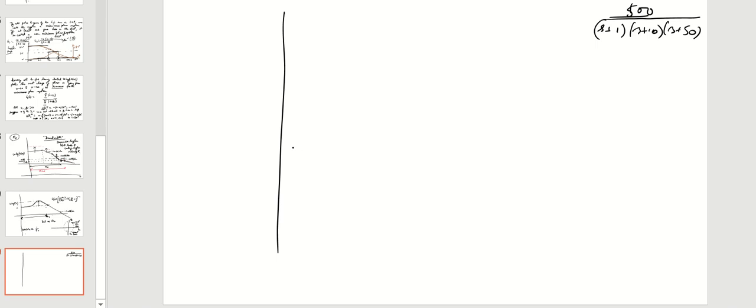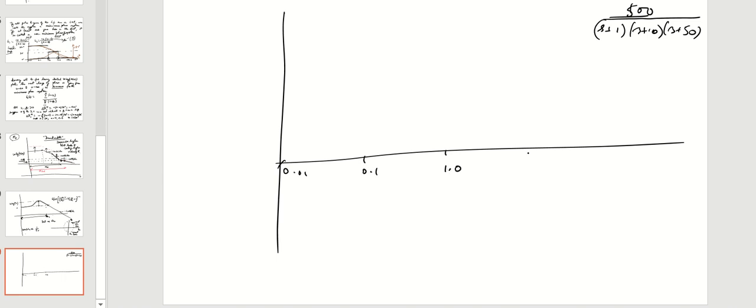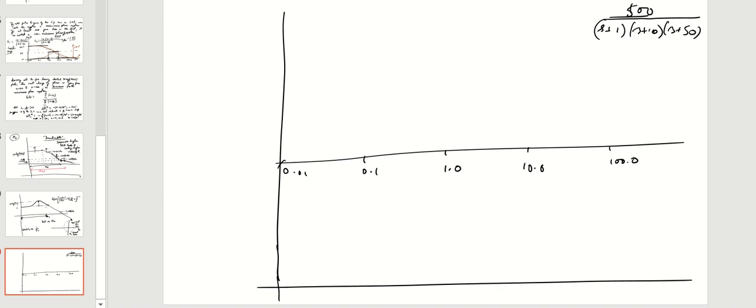This is what I'm going to choose. So let's say this is 0.01, 0.1, 1.0, 10.0, 100.0. So this is probably going to be 0 degrees, minus 90 degrees, minus 180 degrees, and minus 270 degrees.